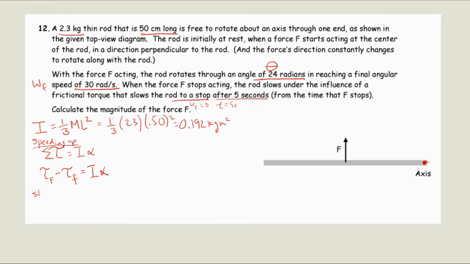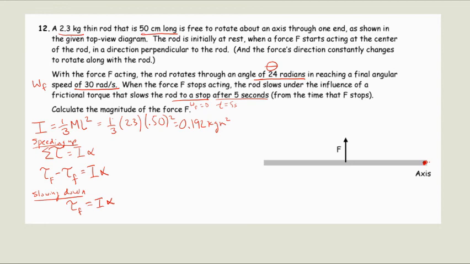And then I have my slowing down process. In my slowing down process, I am only looking at my torque due to friction, right? My torque due to friction is my moment of inertia times alpha. Well, how do I figure out what my alpha is in this situation?